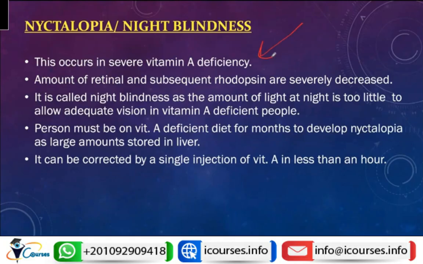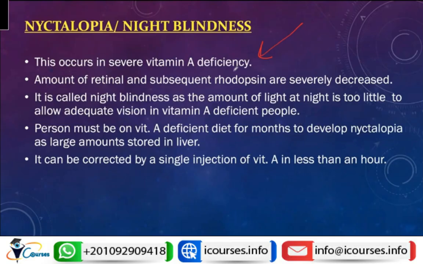It occurs due to severe deficiency of vitamin A, so that the process of rhodopsin formation and the visual cycle will be interrupted due to lack of vitamin A. This will lead to affection of night vision, as the light-sensitive molecule of rhodopsin consists mainly of a form of vitamin A, as we will see later.